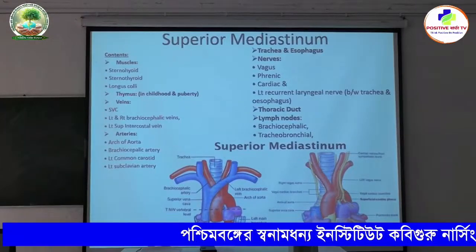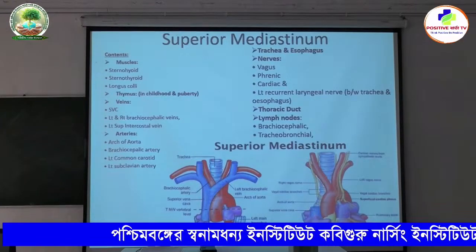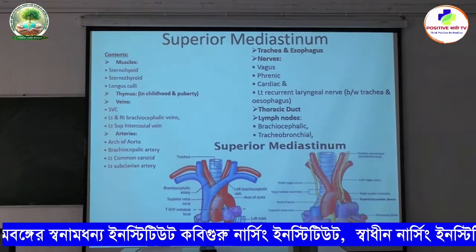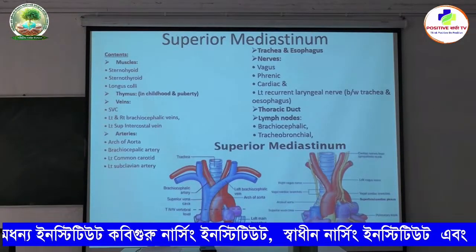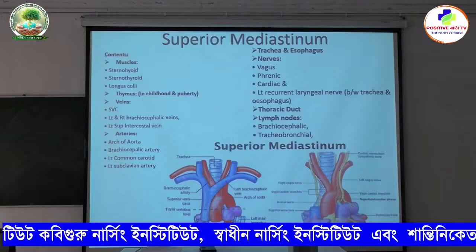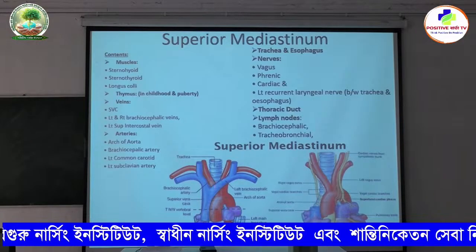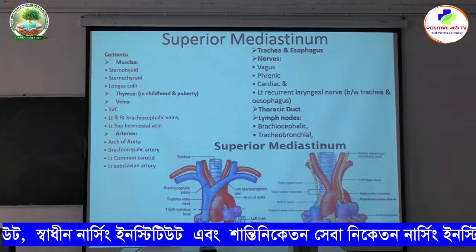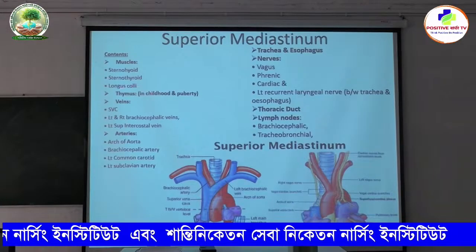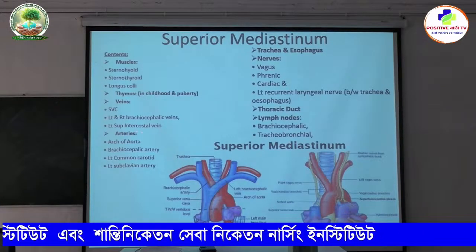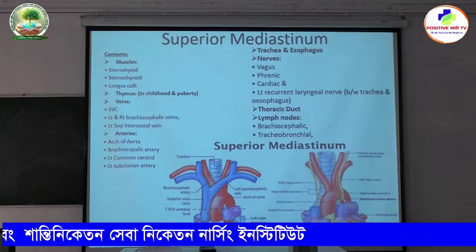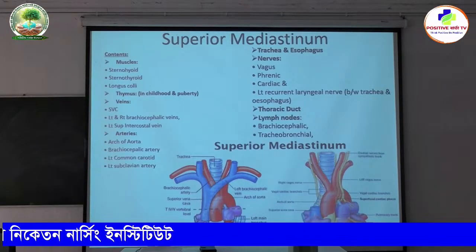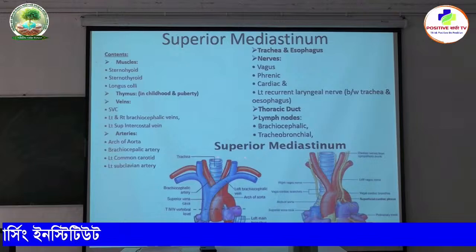Veins. Veins are the superior vena cava, right and left brachiocephalic veins and left superior intercostal vein. See here, right and left brachiocephalic vein, these two are joined to form the superior vena cava and these are located in the superior mediastinum. And left superior intercostal vein, on the left side, first, second and third intercostal veins join to form the left superior intercostal vein.